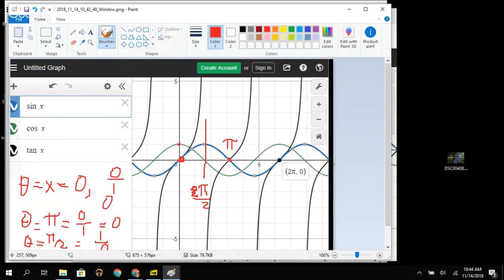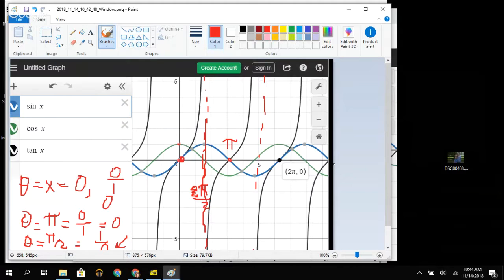And can we ever divide by 0? No. So what happens is that our tangent at pi over 2 is undefined, and that's why we get this crazy tangent graph, because all of these are undefined and those are asymptotes of our graph.